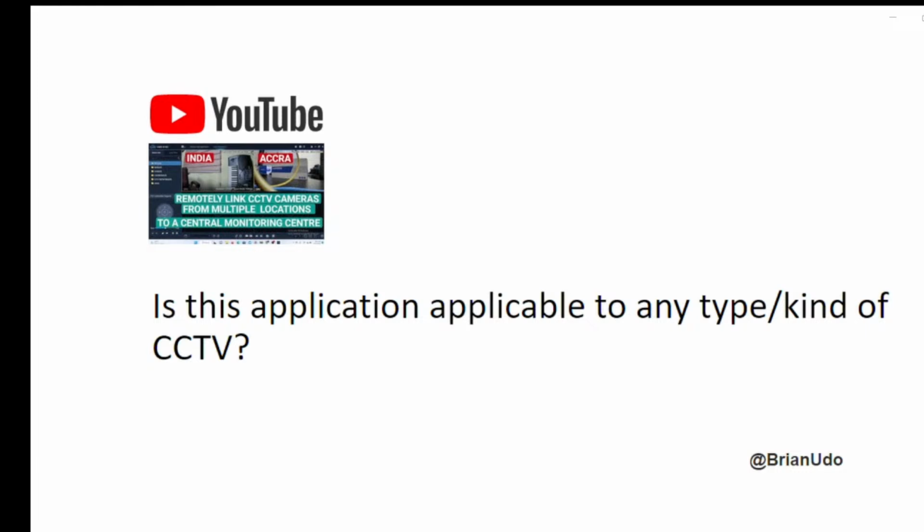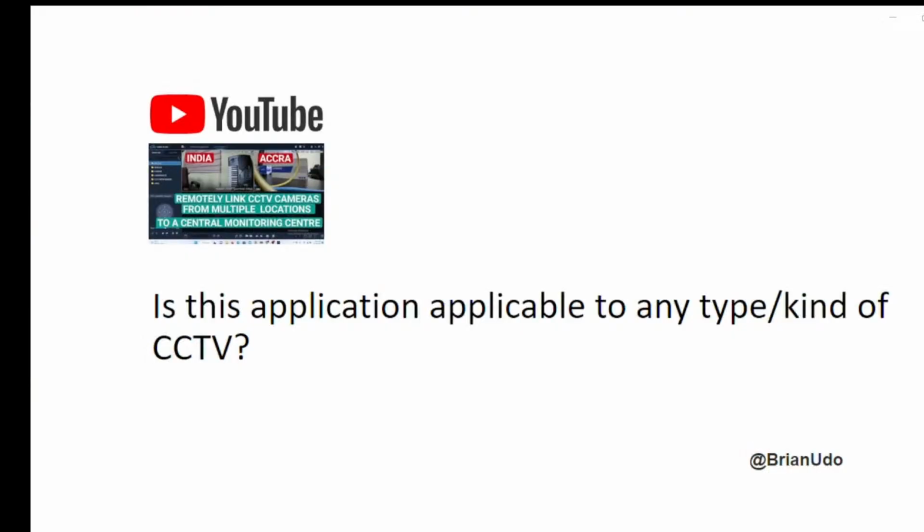This next question comes from Brian, and this is a question on the use of the VMS software to connect or to receive your CCTV cameras from different locations. And so the question says, is this application applicable to any kind or type of CCTV?